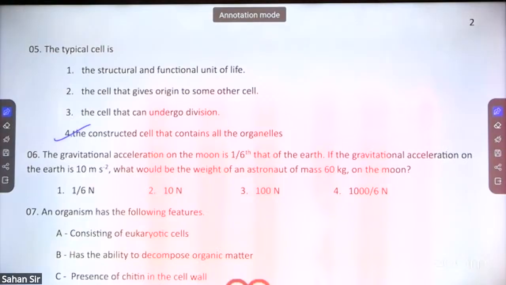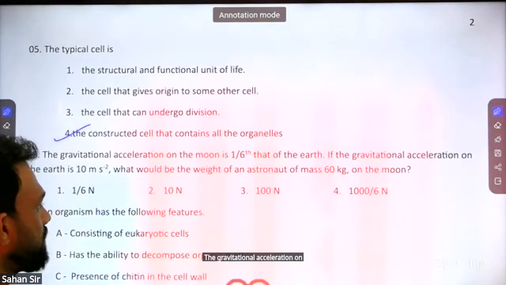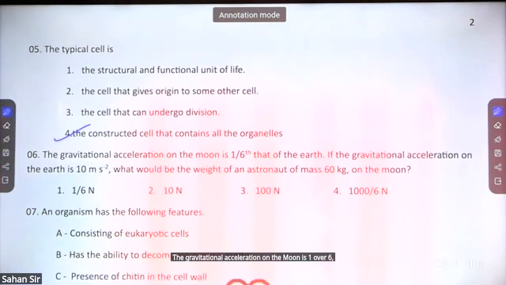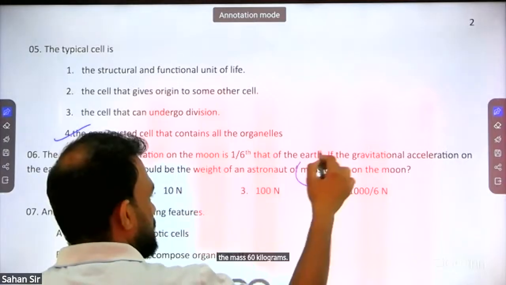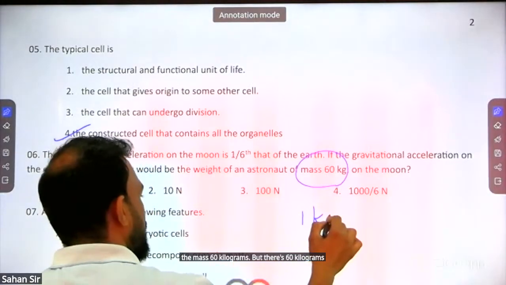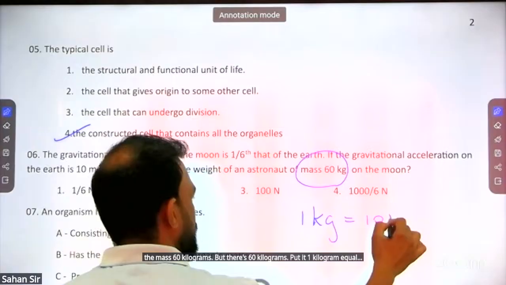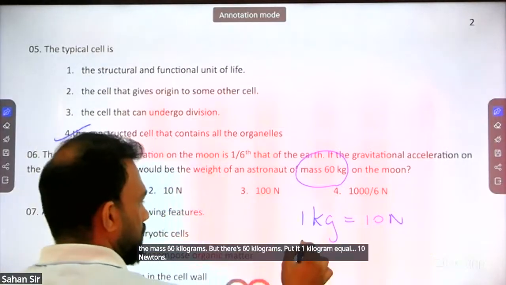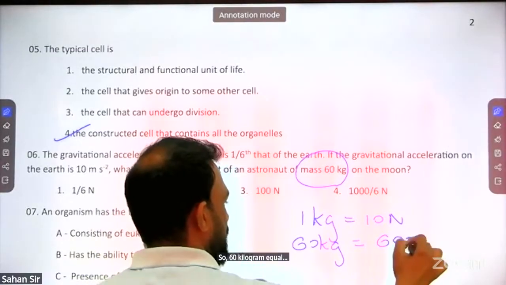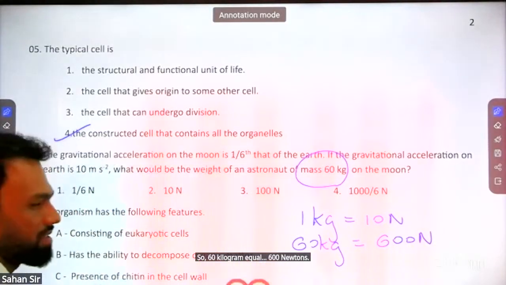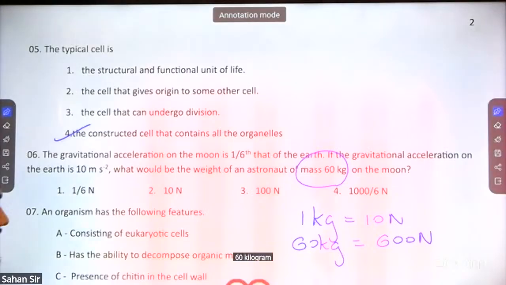The gravitational acceleration on the moon is 1/6 that of the Earth. If the gravitational acceleration on the Earth is 10, what would be the weight of an astronaut with a mass of 60 kilograms? 1 kilogram equals 10 newtons, so 60 kilograms equals 600 newtons.